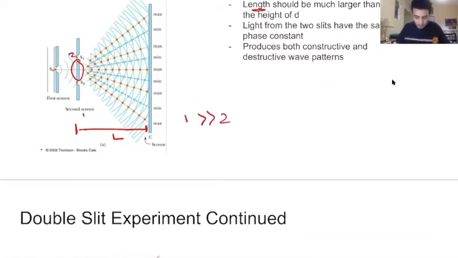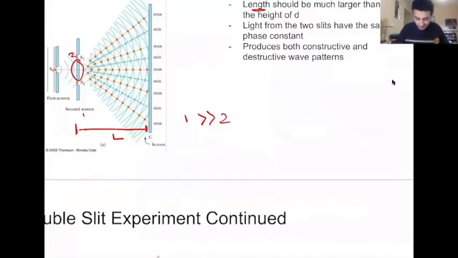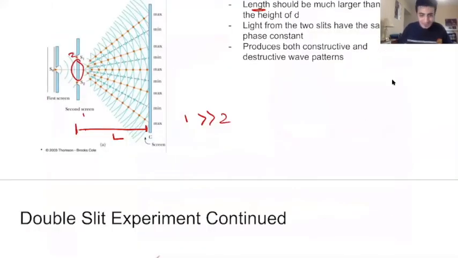This is definitely going to happen because usually the slits are millimeters apart, while the screen distance is in a span of meters.